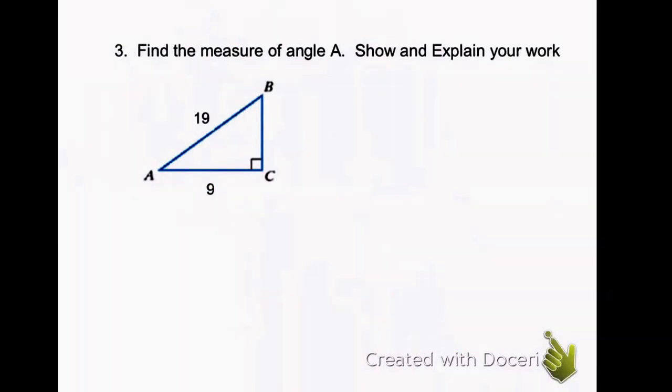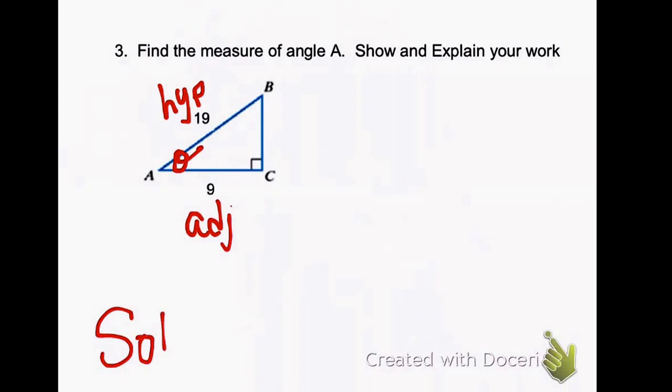Number 3, find the measure of angle A. Show and explain your work. Again, if we want to find angle A, we're going to put theta on angle A. We want to compare the two sides, so this is my adjacent side and my hypotenuse. So we're going to use SOHCAHTOA to see which trig ratio we use.